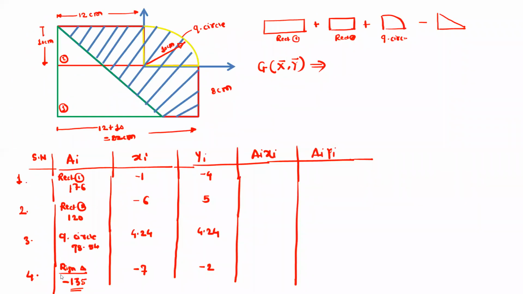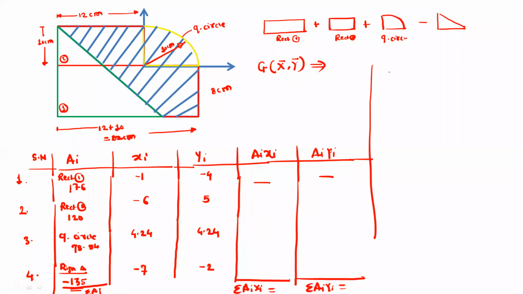Okay. So find out the product AiXi and AiYi. And after that, find out the summation. So take the summation AiXi, summation AiYi, and also find out the summation of the area. Okay. And then use the formula for centroid.